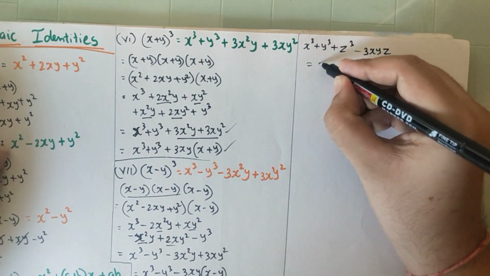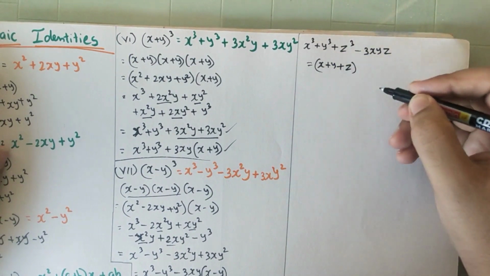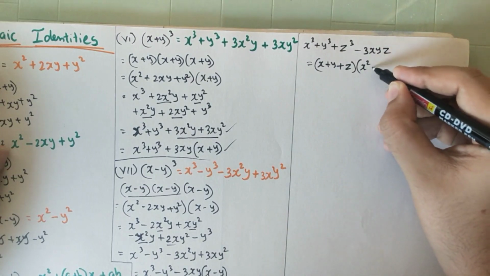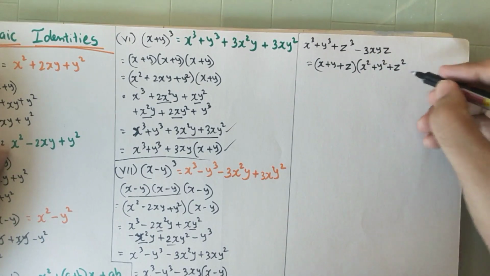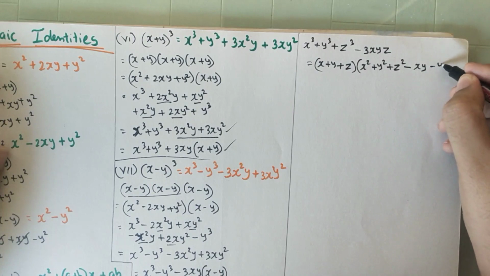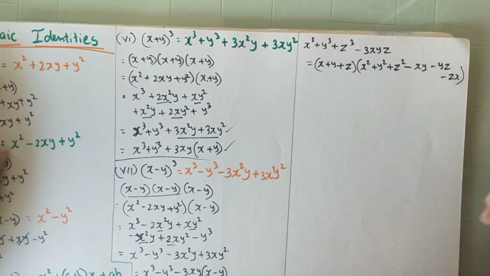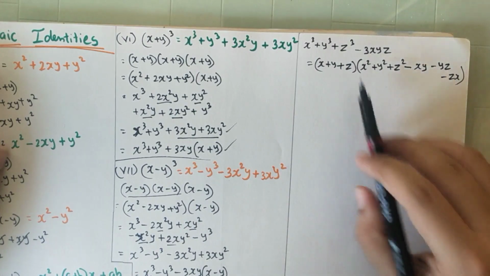This gives first term plus second term plus third term, x plus y plus z, multiplied by the square of the first term plus square of the second term plus square of the third term, minus first term into second term, minus second term into third term, minus third term into first term. This is the complete identity for this form.